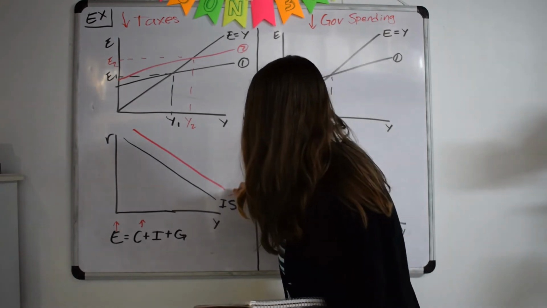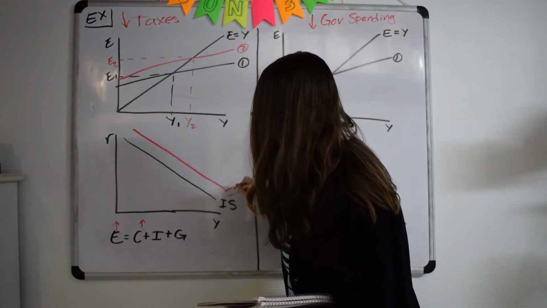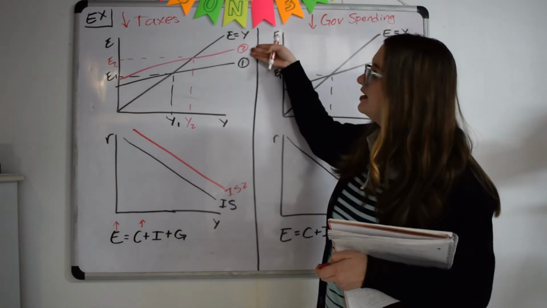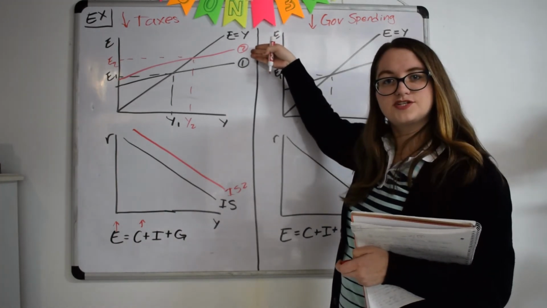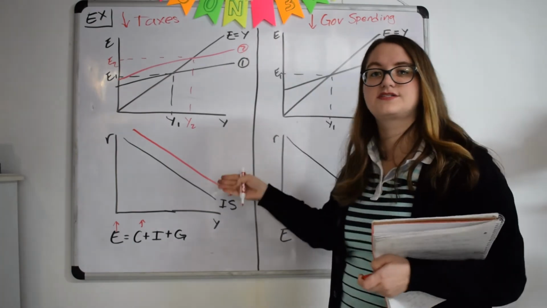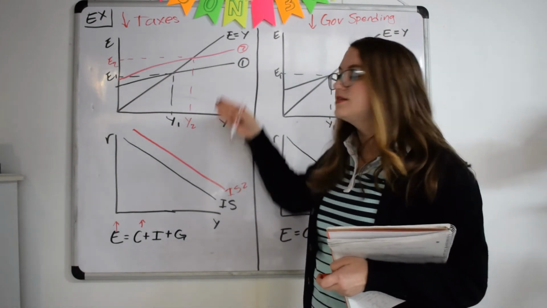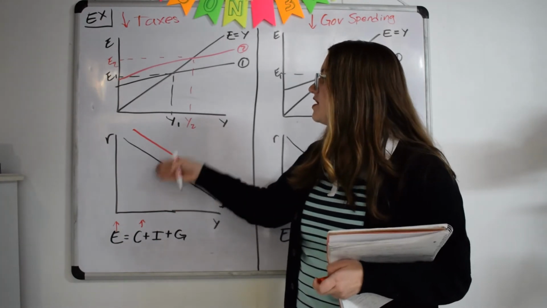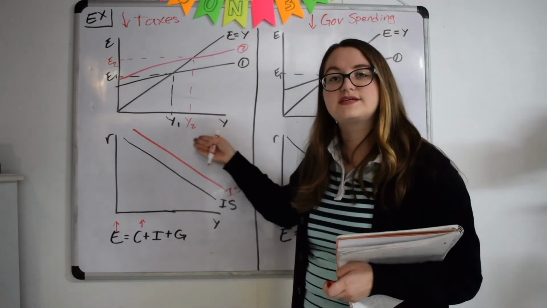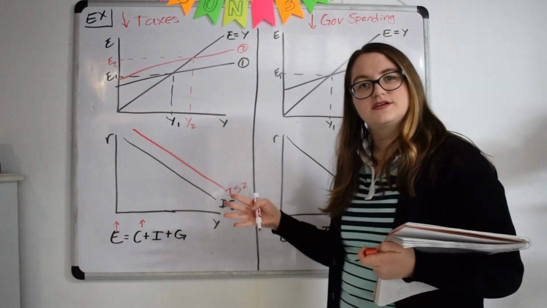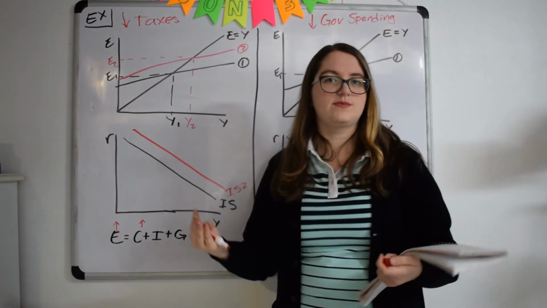Okay, so this will be IS2. So remember, if the expenditure curve shifts up, the IS curve will shift to the right. If the expenditure curve shifts down, the IS curve will shift to the left, because we're keeping these Y's and R's and E's all in equilibrium. The goal is to keep the economy in equilibrium.